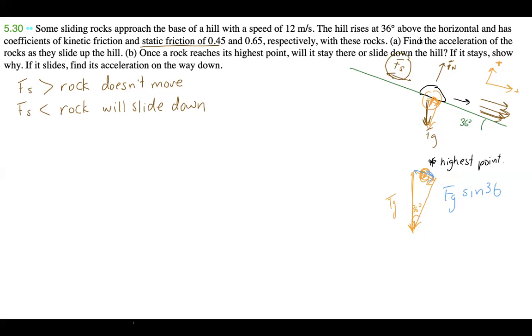So that is the force that's acting in this direction. So what is it greater than? This, Fs. I'm going to write that down again, because it looks like greater than. Greater than what?